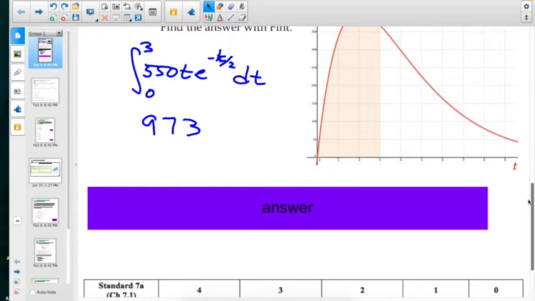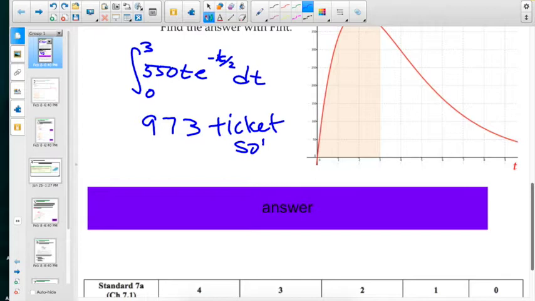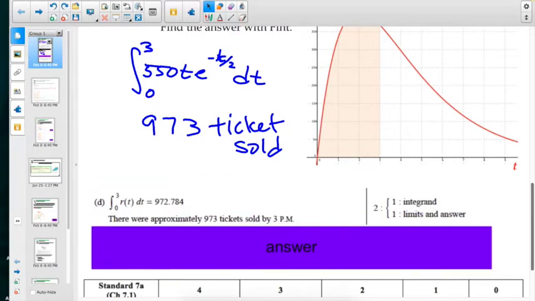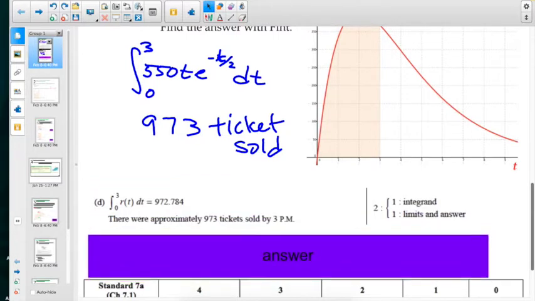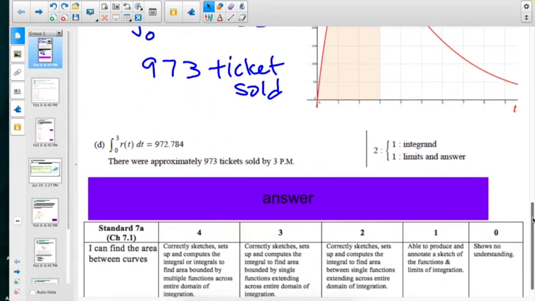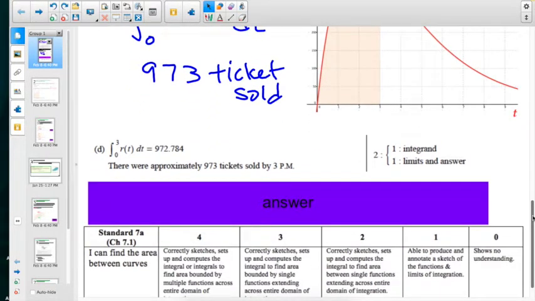Okay, so the idea then is we need to have enough knowledge about this problem to know that we need to round to the nearest integer. We need to be able to articulate that that number represents the tickets sold. Okay, so those are the two big things in the answer. So if you look at their answer here, this is a 2-point question.